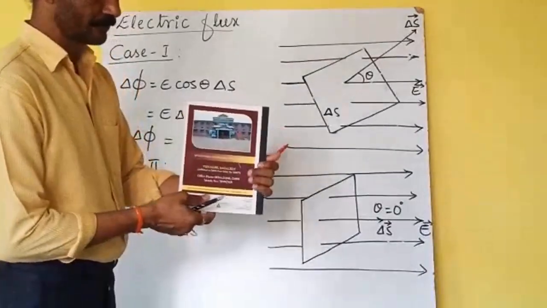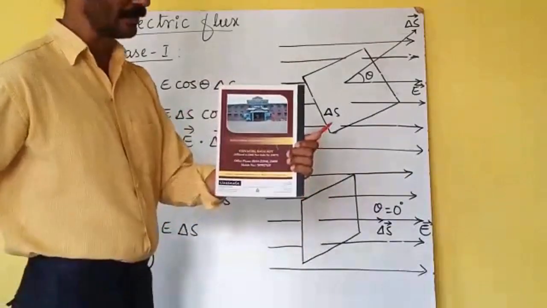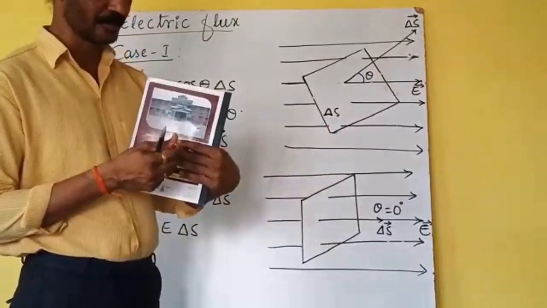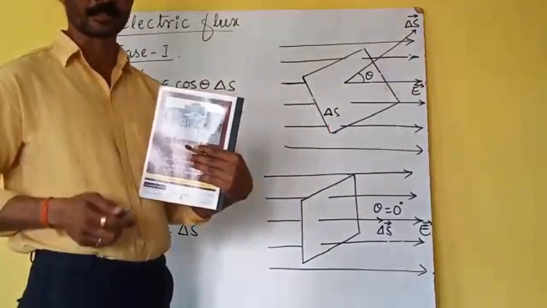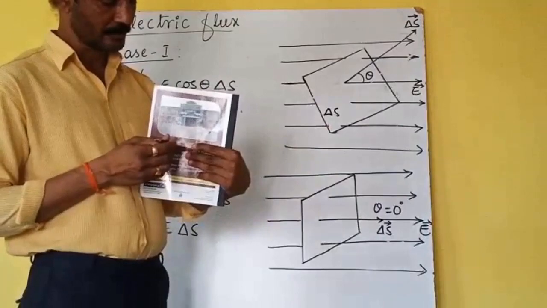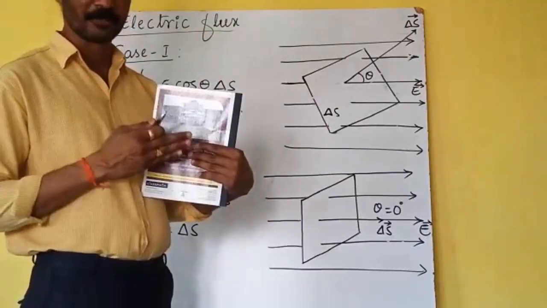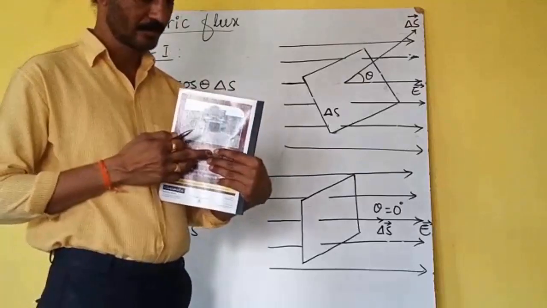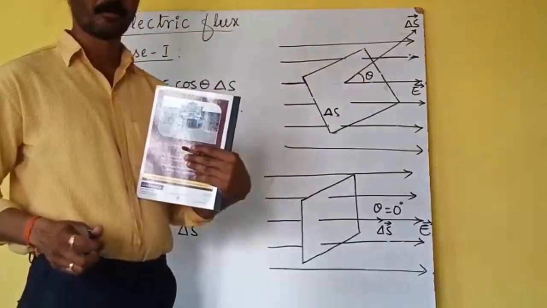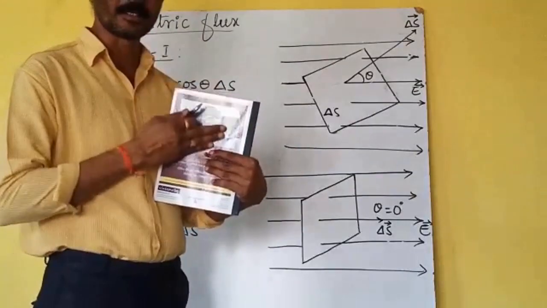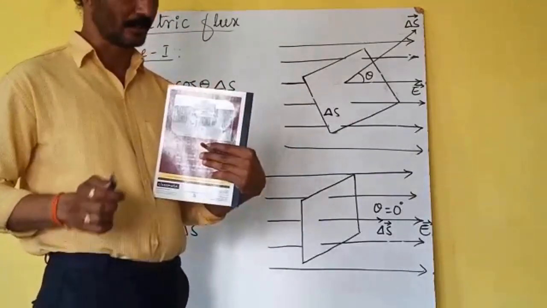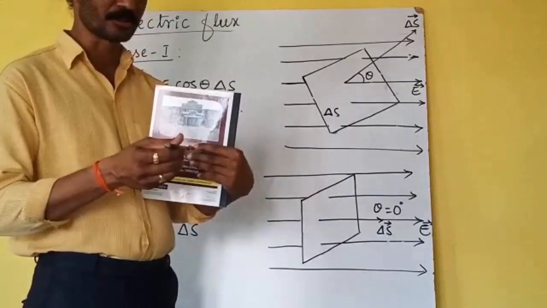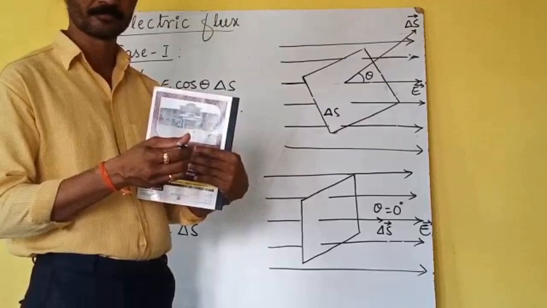Consider this surface. It is an area element. So this is the direction of electric field. The electric field is normal to this surface, or this surface is held normal to the electric field, and the direction of the normal drawn to this surface is also along this direction.